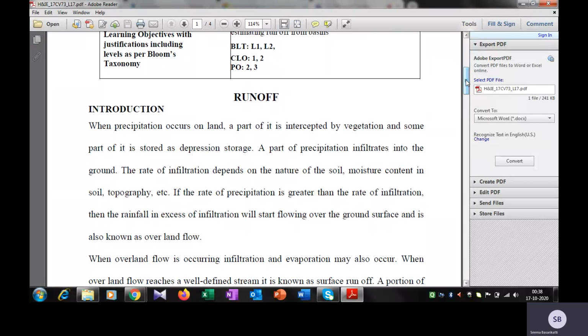The rate of infiltration depends on the nature of the soil, moisture content in the soil, topography, etc. If the rate of precipitation is greater than the rate of infiltration, then the rainfall in excess of infiltration will start flowing over the ground surface and is known as overland flow.